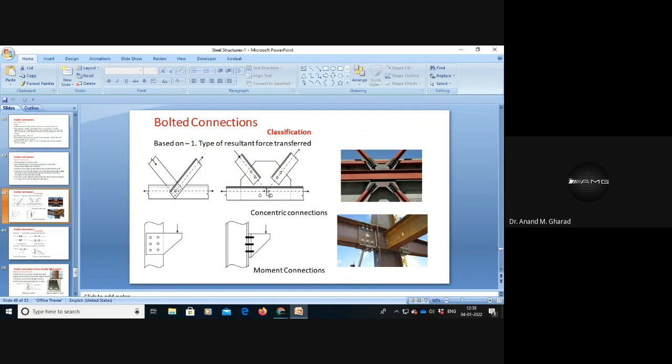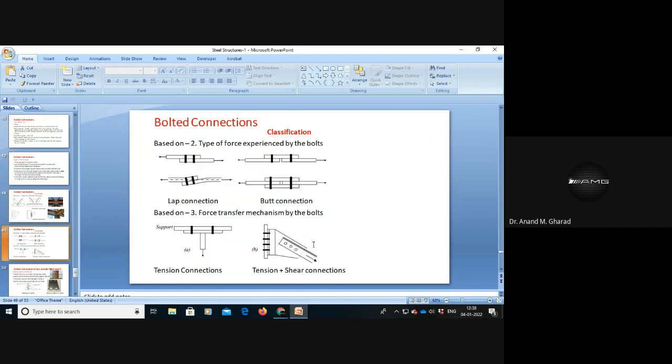So this is all theoretical. There may be a small amount of eccentricity because of which a moment may be generated. But that eccentricity is so small that it can be neglected, and therefore all the forces can be considered to be passing through a single point. Similarly, there are moment connections.